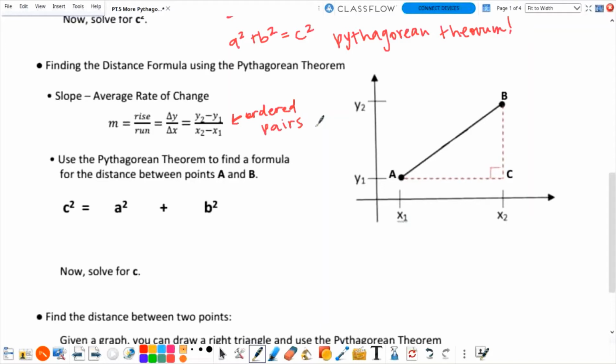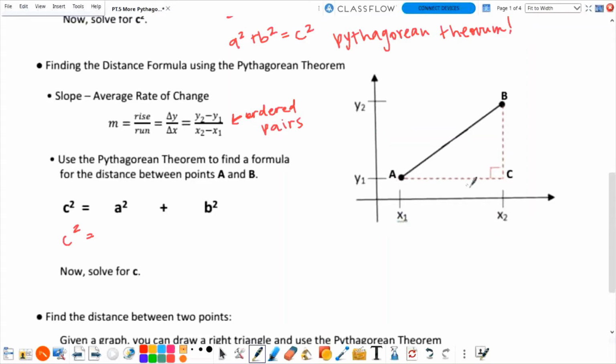Okay, so we're going to use the Pythagorean theorem to find a formula for the distance between points A and B. So you can see how we're going to use the Pythagorean theorem for this because this is essentially our hypotenuse, correct? So we've got C squared. All right, and so then we need to figure out A squared, okay? So notice we have y sub 1 and x sub 1, y sub 2 and x sub 2, okay?